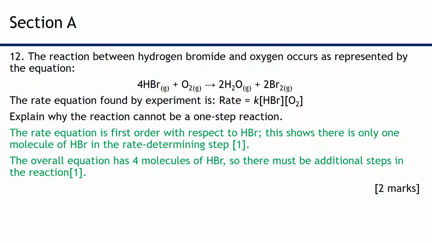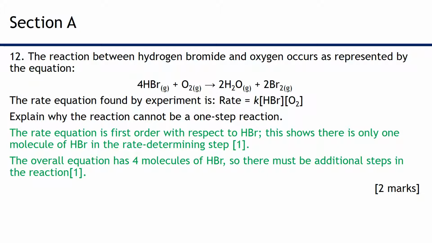And so if you look at the rate equation, you'll see that it's first order with respect to both HBr and O2. And this will show you that in our rate determining step, there's only one molecule of each of those present. But the key one here is HBr. If you look back at the reaction equation, there are 4 molecules of HBr involved.